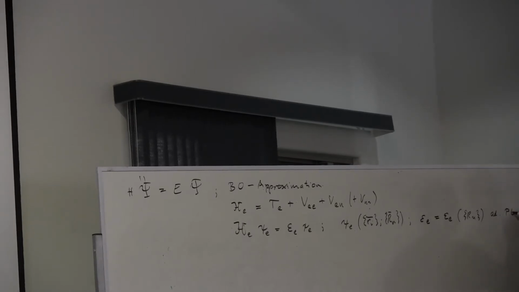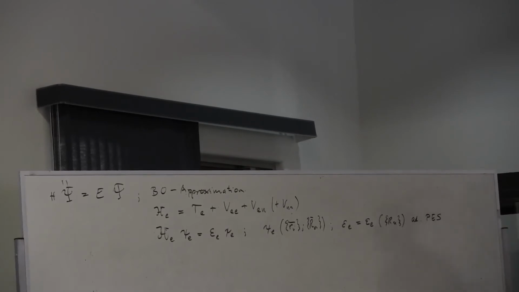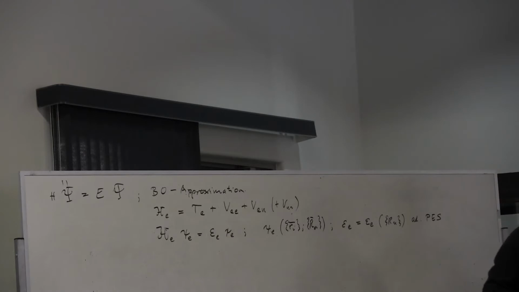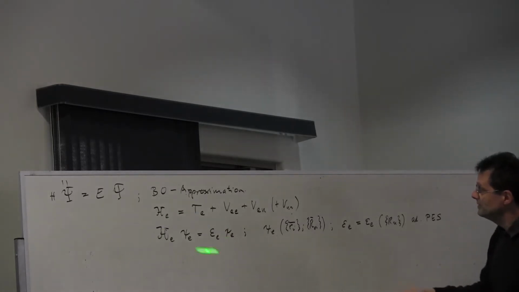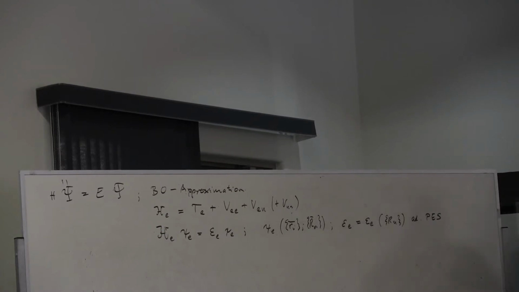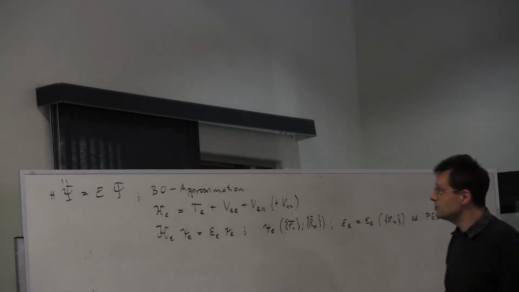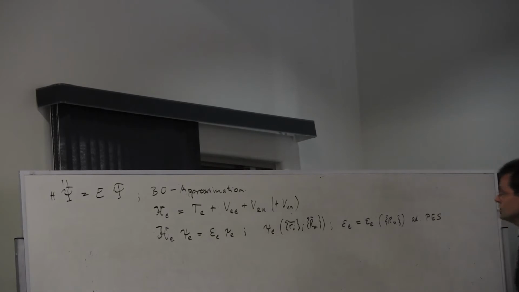So I call it adiabatic PES, potential energy surface. So now, usually if you try to calculate the electronic structure, this means you're going to solve this Schrödinger equation. These are fixed positions of the nuclei. You try to solve the electronic Schrödinger equation and try to get the eigenfunctions, the electronic eigenfunctions, and the eigenvalues, which are these adiabatic potential energy surfaces.